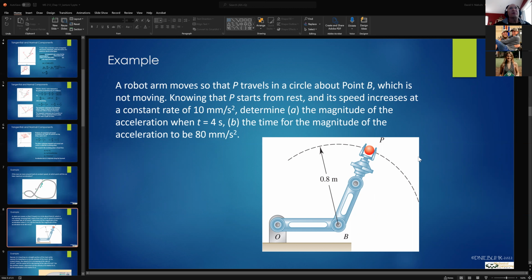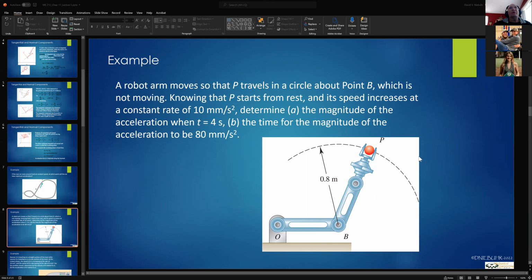All right, so here in this example, we have a particle P connected to a robotic arm, but that's immaterial. All we know is that P is traveling in a circular pattern, and so we can model it as a particle. Its radius is 0.8 meters or 800 millimeters.